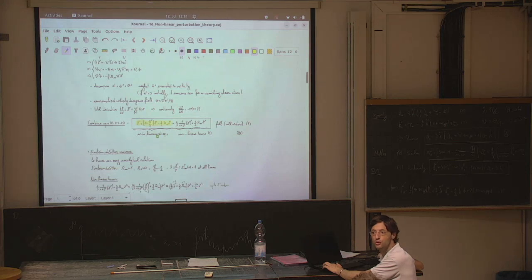Okay? These were the expressions, the ones that we derived earlier, that were valid in the linear regime. All the non-linear terms that are contained in this expression are these ones. So that's the perturbation equation for the density field that characterizes all scales, all fluctuation modes, including the nonlinear regime.